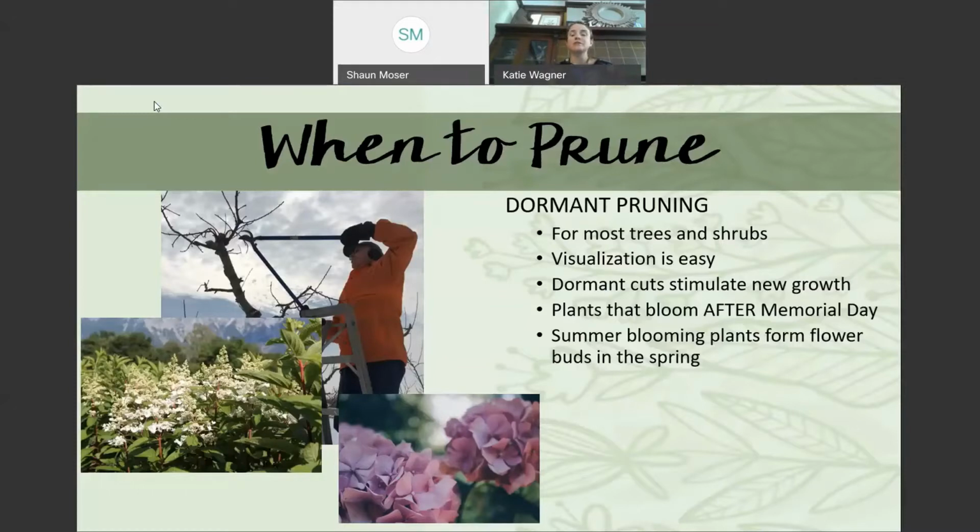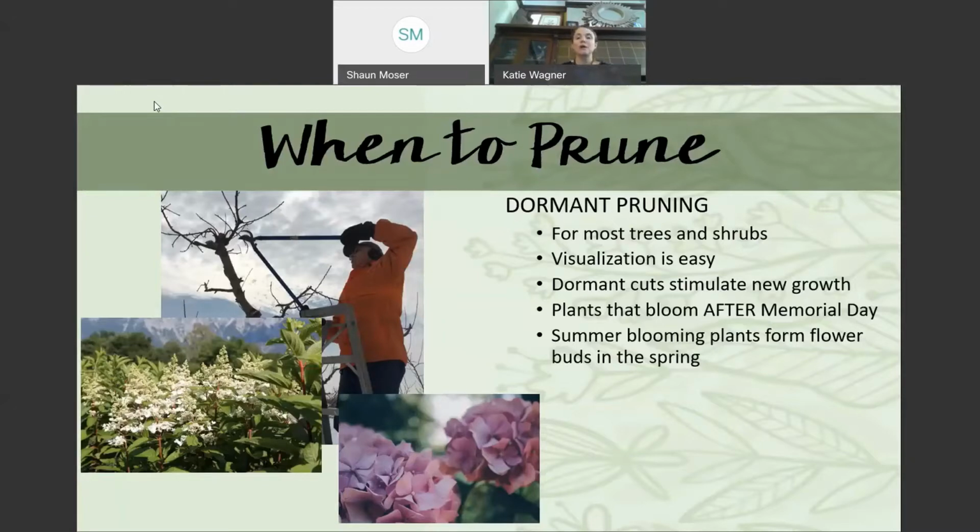But that's another reason why it's a good time to prune in the dormant season, because it gives ample time for those trees and shrubs to seal off those cuts prior to when we see a lot more incidents of insects and disease floating around the environment. So they have that chance to heal themselves off before there's a lot of pressure that way.